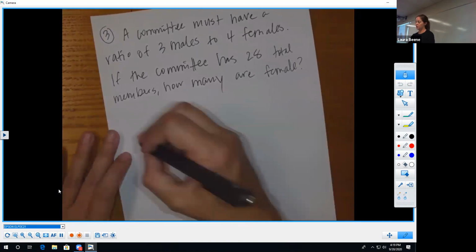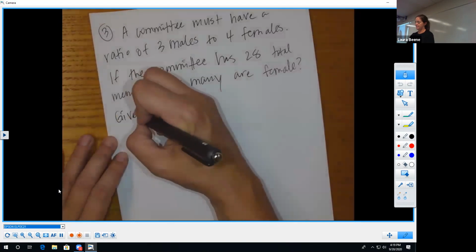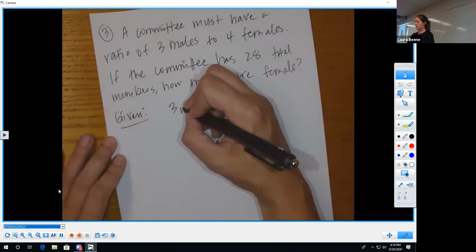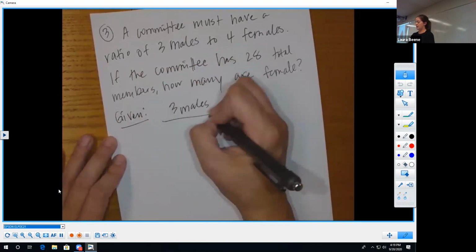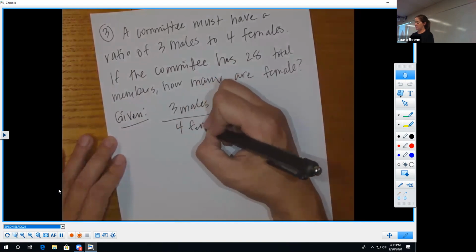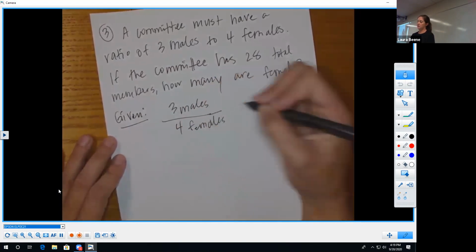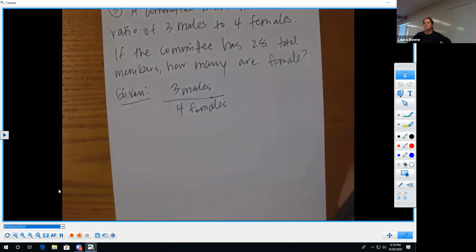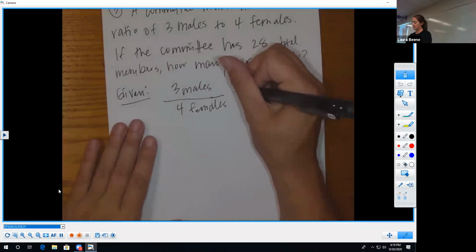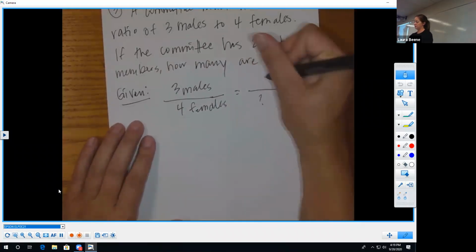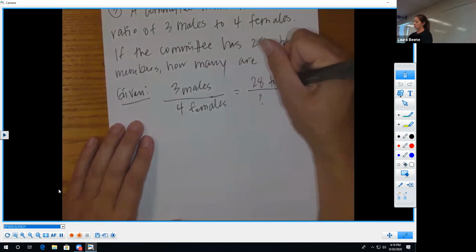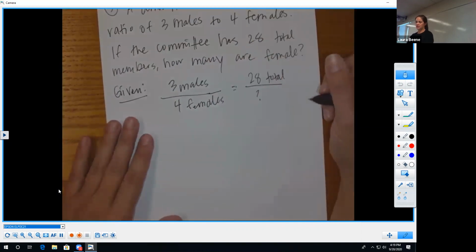Okay, so we were given that there are 3 males for every 4 females. Since we're asked how many females there are for 28 total members, if you try to set it up like this, how many females for every 28 total members, it's not going to work out.